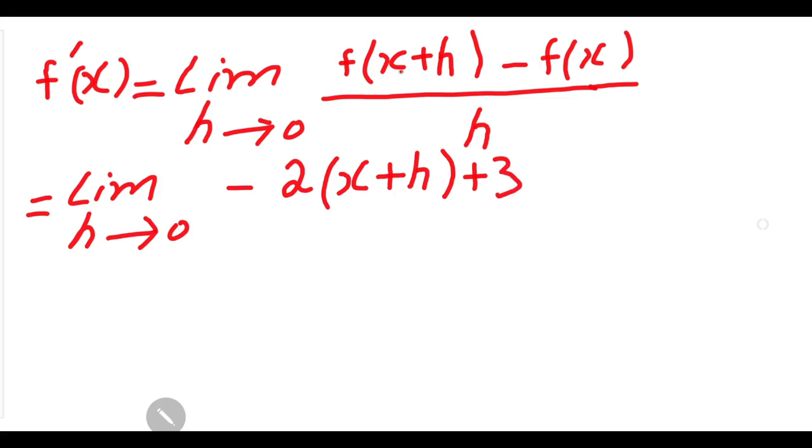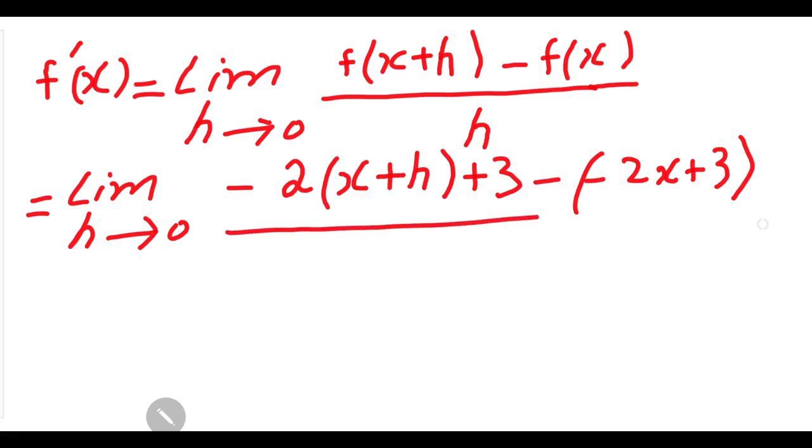In the function you add x plus h, minus the other function. So the function we got, negative 2x plus 3, over h. Now I'm going to solve further. Till the end of this question, we're going to carry the limit as h approaches 0. When we evaluate the limit, then we're going to drop the limit sign.